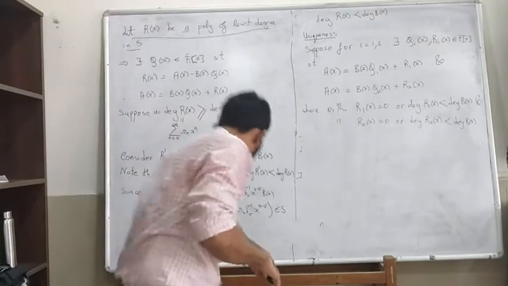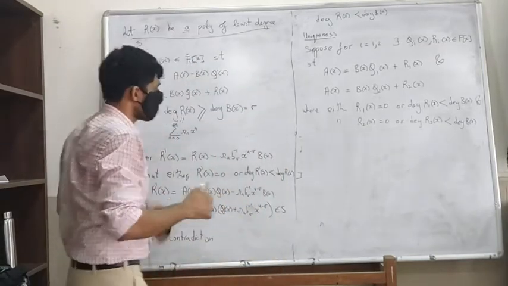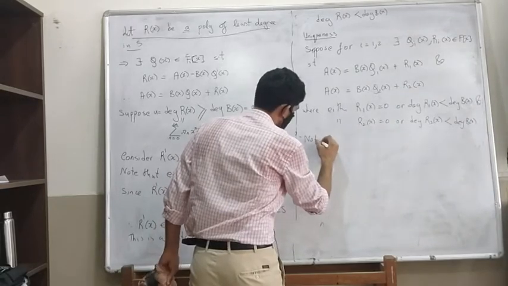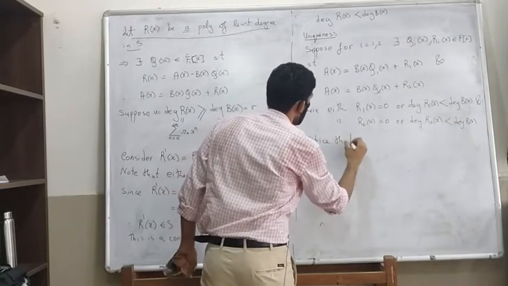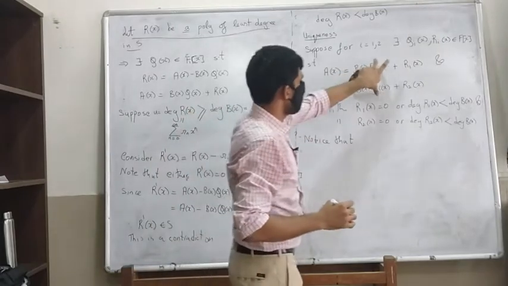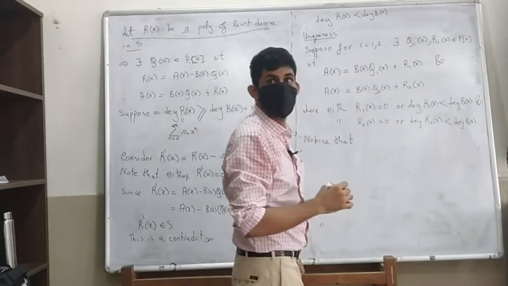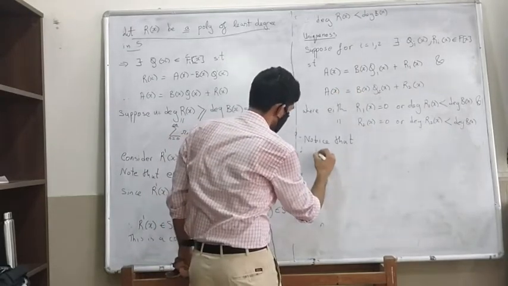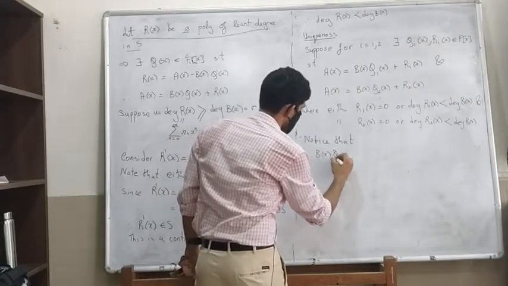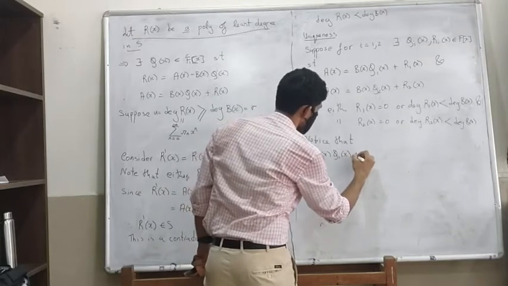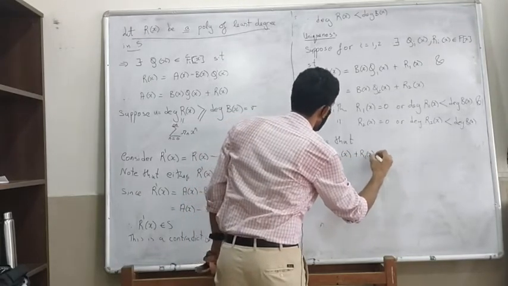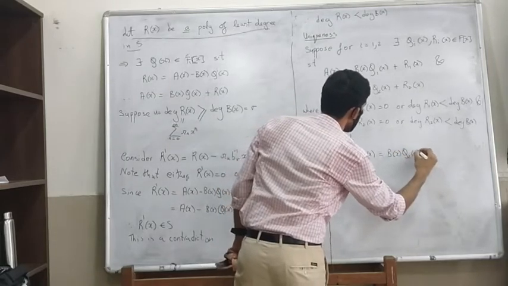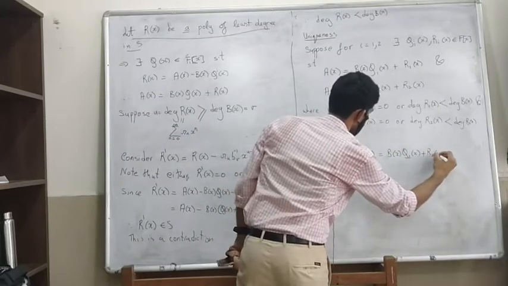Okay, and that is also not very difficult, because you just have to notice that we can equate these two, right? If we equate these two, we will get b of x times Q1 of x plus R1 of x equals b of x times Q2 of x plus R2 of x, right?